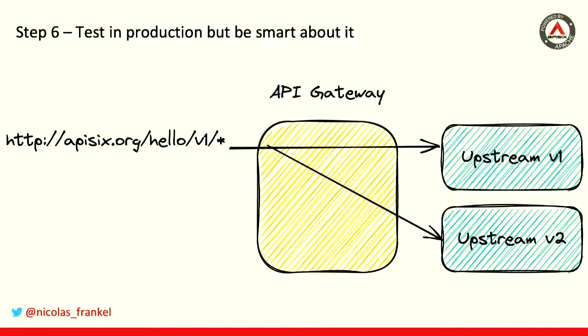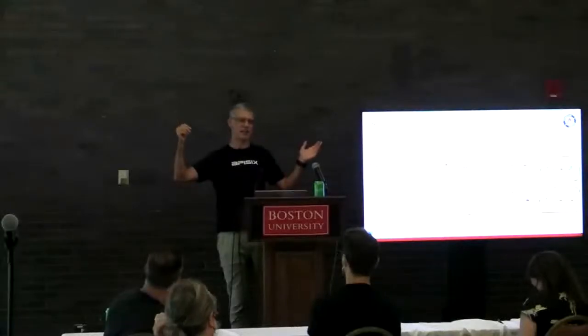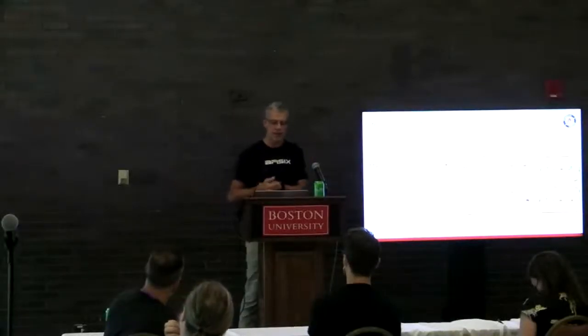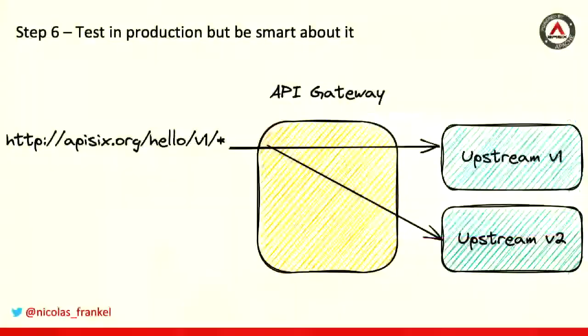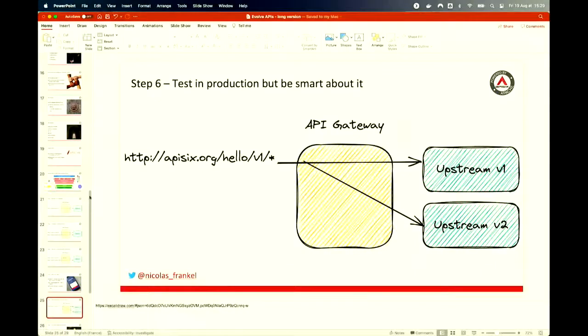Because however great your tests are, there is a high chance that something happens in production that you never accounted for, and you might get a null pointer. So before a canary release, you might want to do this mirroring.